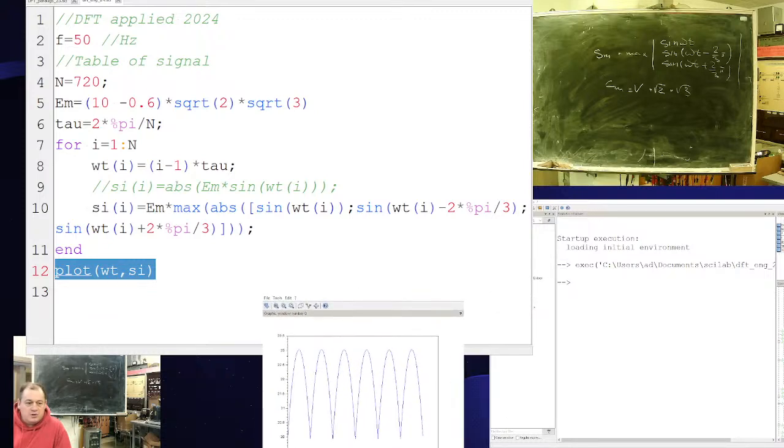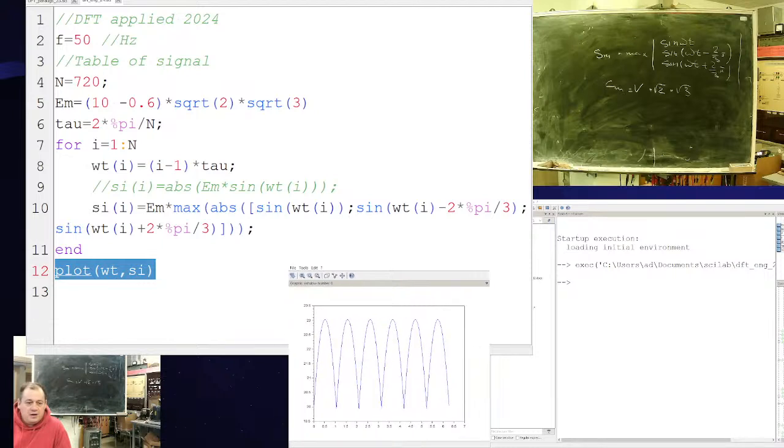Maybe I can enlarge it. Yeah, here is the chart of my signal.